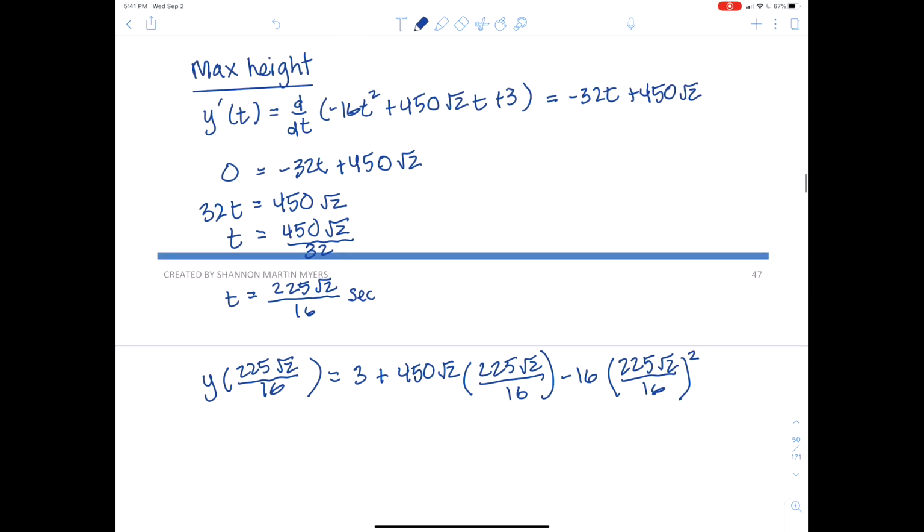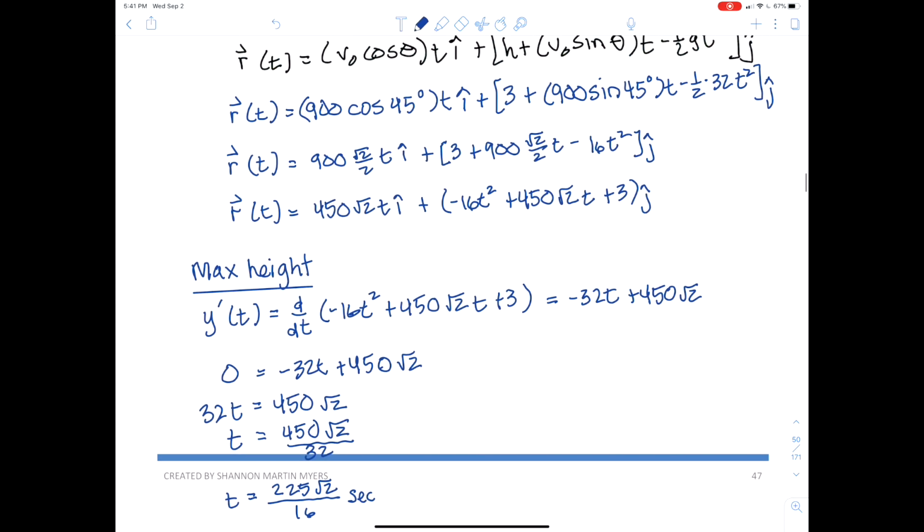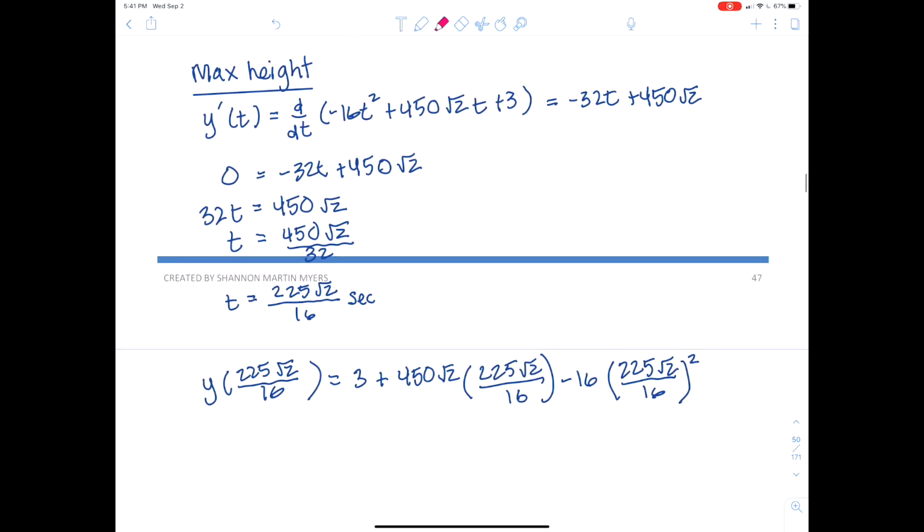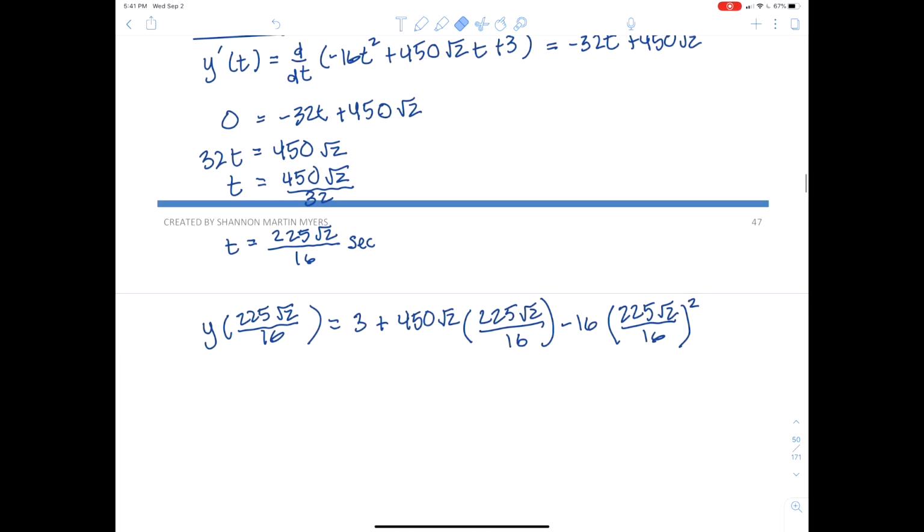This is coming from what our y at t is, which was right here, this coefficient to the j. And in for t, we're plugging in 225 root 2 over 16.